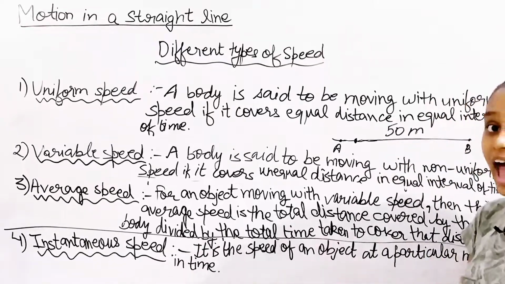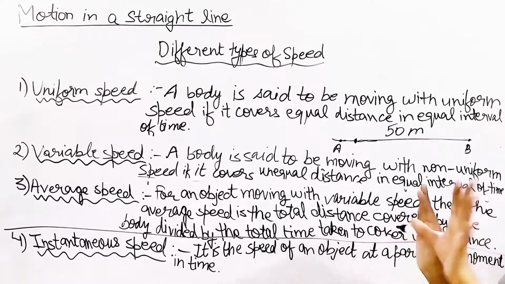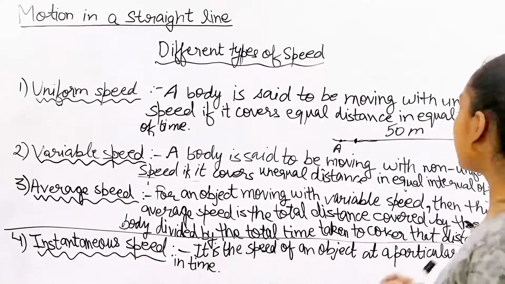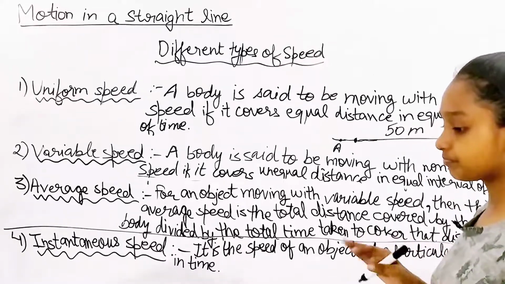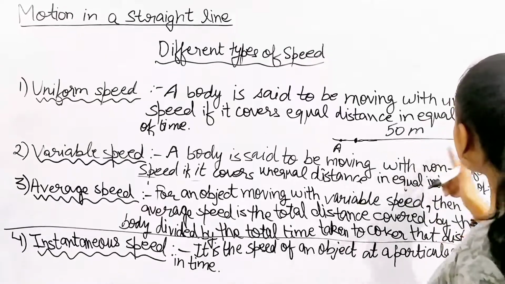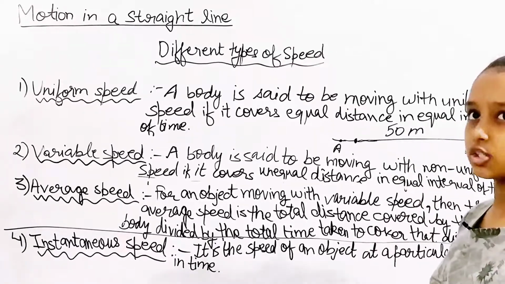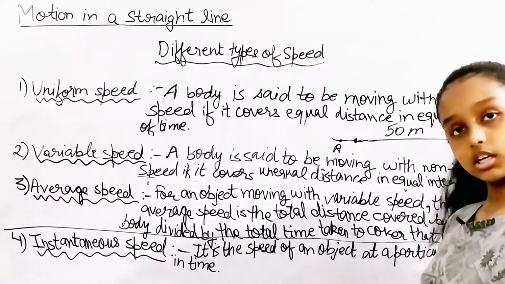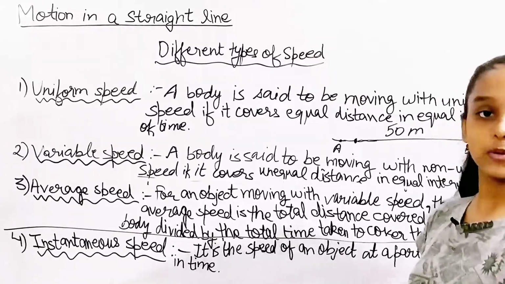If I'm going to ask what its speed will be, okay, speed is given. I'm talking about the instantaneous speed. So the speed was given as it covered the 50 meters, and I'm going to say 20 meters per second, right?